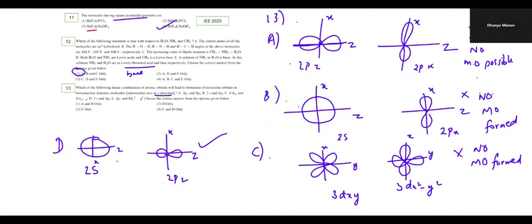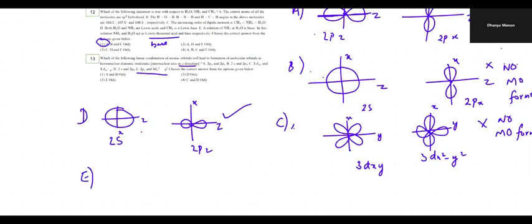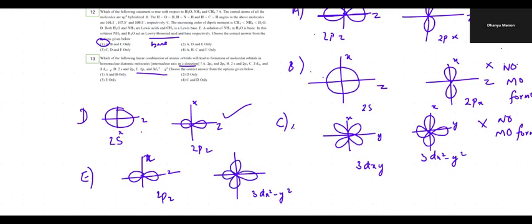The last one, E, is 2pz. This is x and this is z. 2pz and 3dx square minus y square, which is not possible.